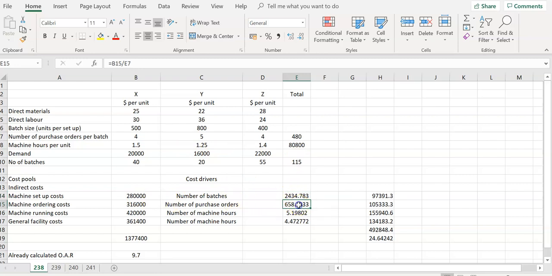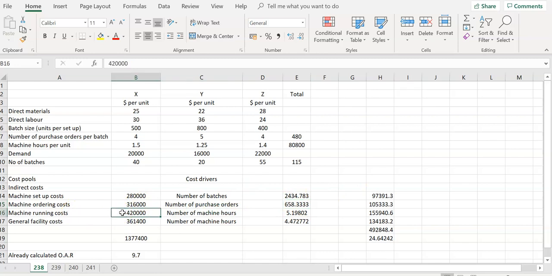Let's look at the cost per order. I have now an ordering cost of 316,000, and I know what the number of orders is, 480. So therefore, the cost per order must be this total of 316,000 divided by the 658.